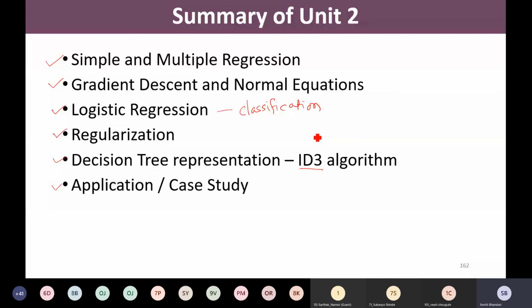Namely, we discussed simple and multiple regression, logistic regression, and the decision tree algorithm. I hope you have understood all those concepts, and I appeal to all of you to go through the content once again. Today you will have a quiz based on the decision tree that we have learned.